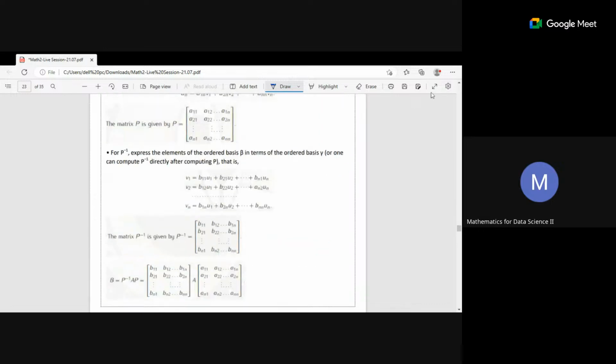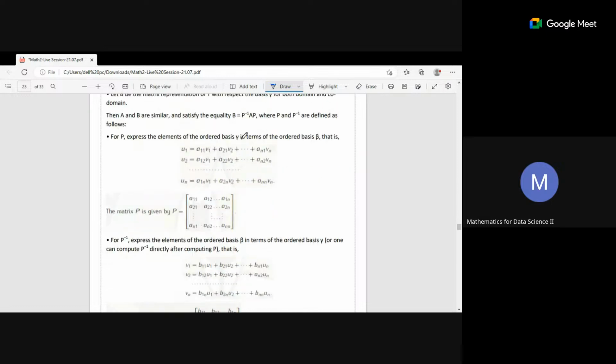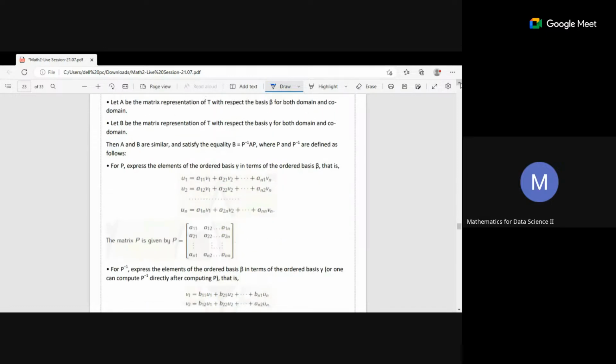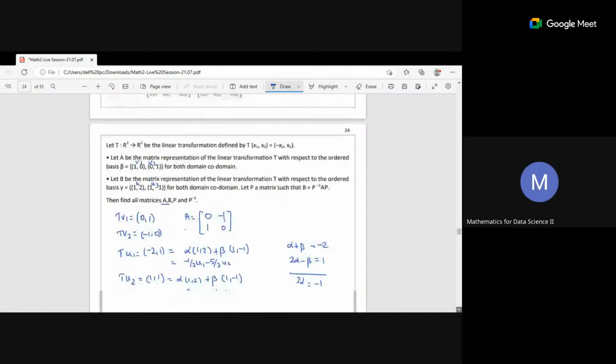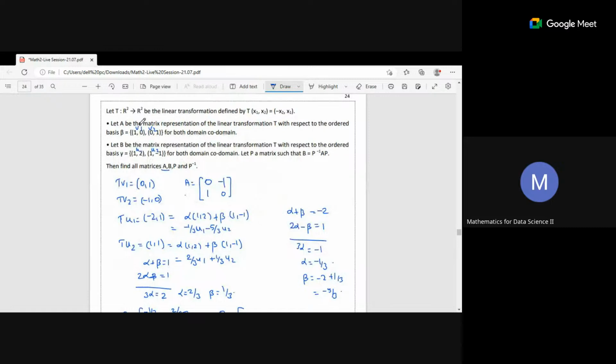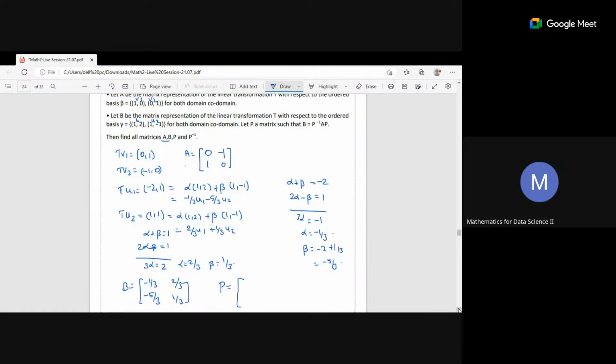So P is given by gamma in terms of the ordered basis beta. So we have to express gamma in terms of beta.